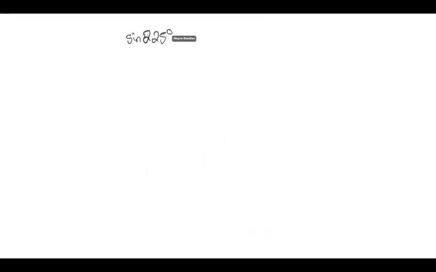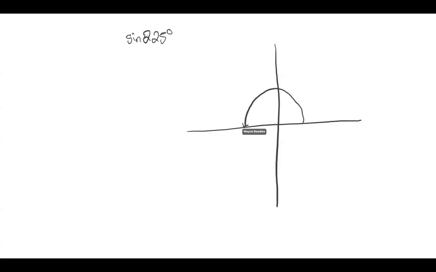So let's just draw our axis. And we'll go over here, 180. Subtract 180 from this and you get 45. So it's going to go another 45 degrees, which is halfway in between here. And so this is 45 degrees.